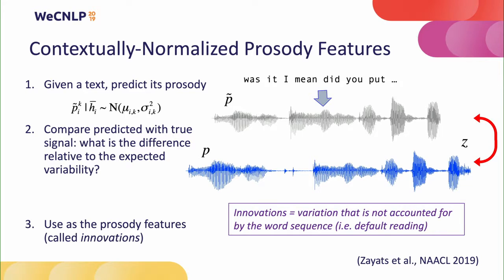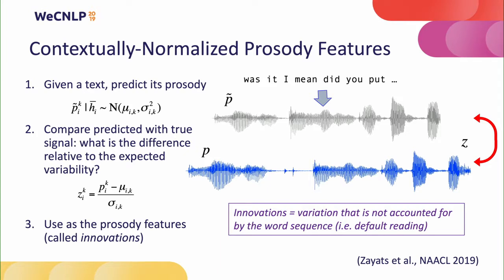I was a little bit misleading. When you get into the details, I'm not just predicting the prosody, I'm predicting a prosody distribution. Because I have a prosody distribution, I can subtract out the mean and divide by the variance, and so I can get a residual.